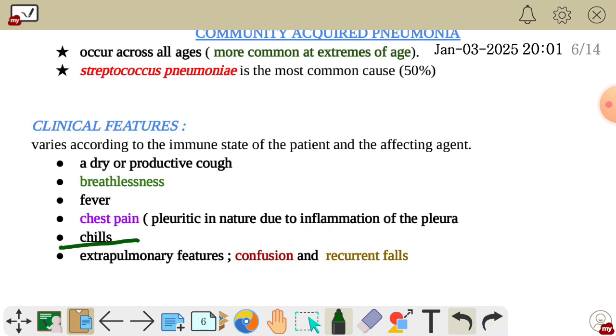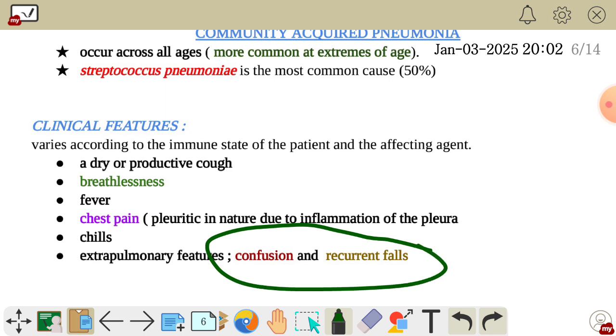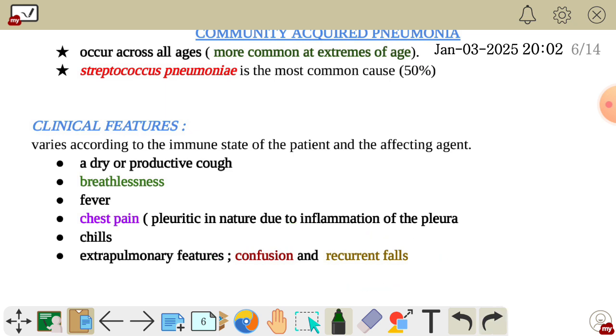So another clinical feature, we have chills, and we can also have other extrapulmonary features, more especially in elders. In old patients, we are going to have confusion and recurrent falls. So these will also show that a patient has pneumonia.